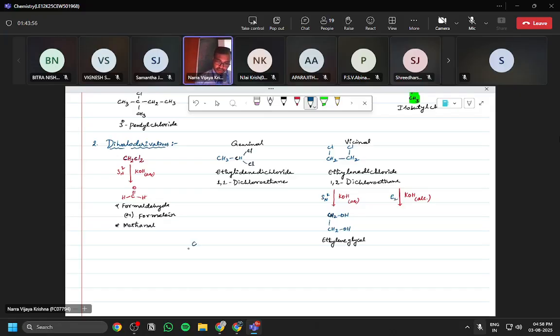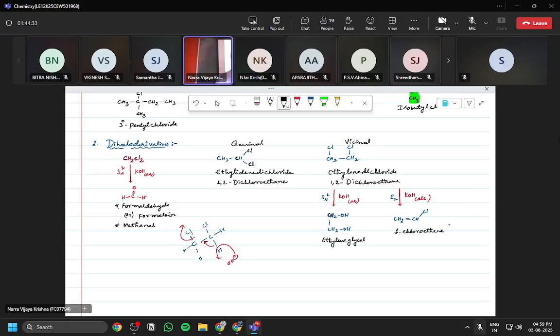Again, I am writing CHHCl, CHHCl. Now OH minus will go and pull this H plus out. E2 mechanism. So the product will be CH2=CHCl. 1-chloroethene.